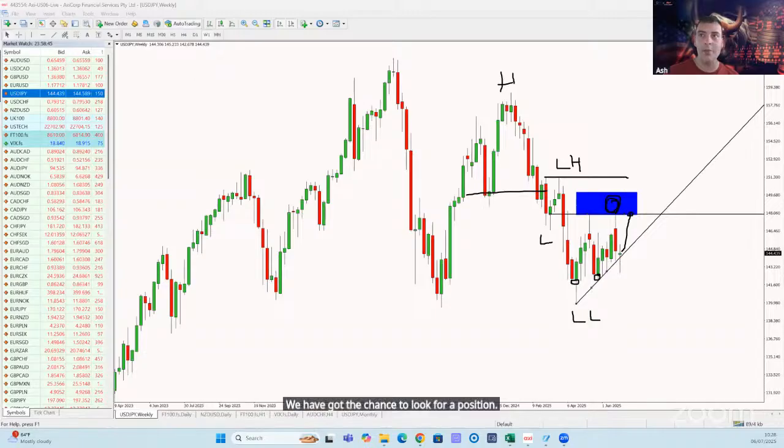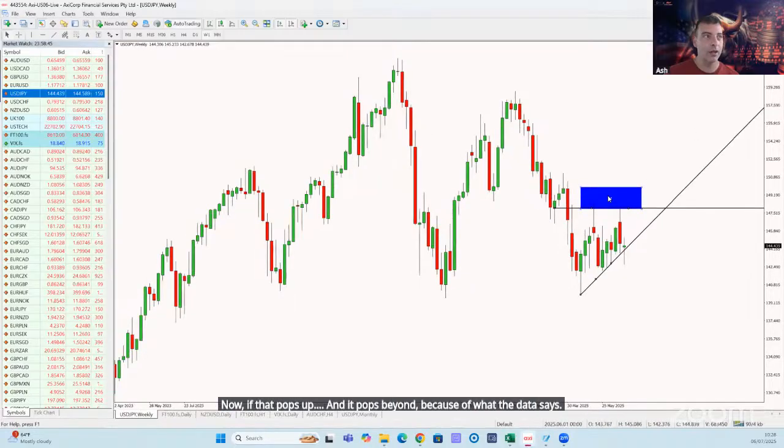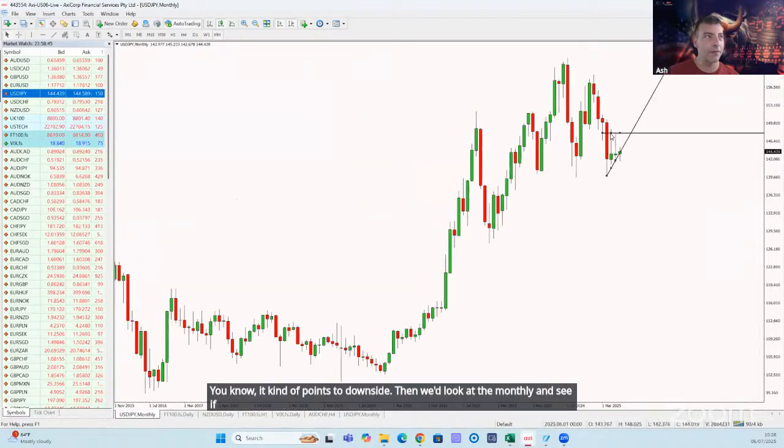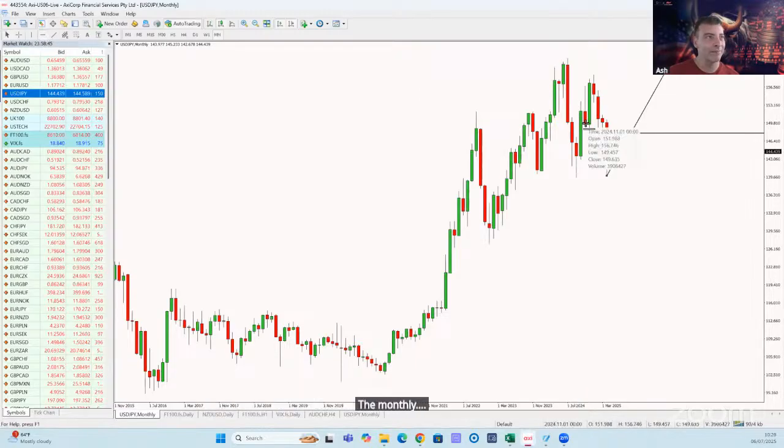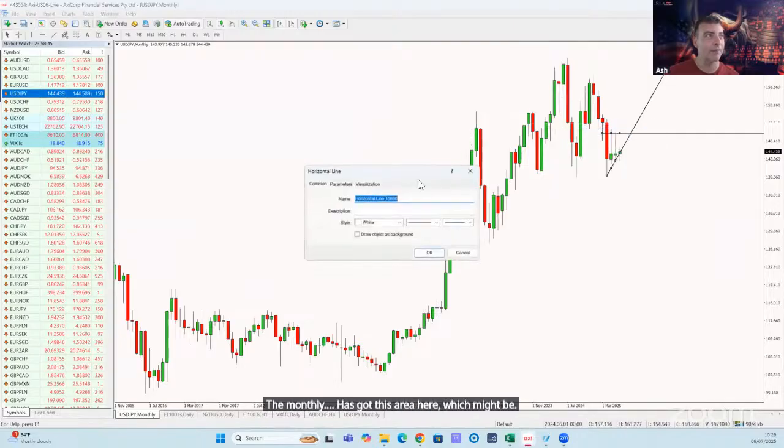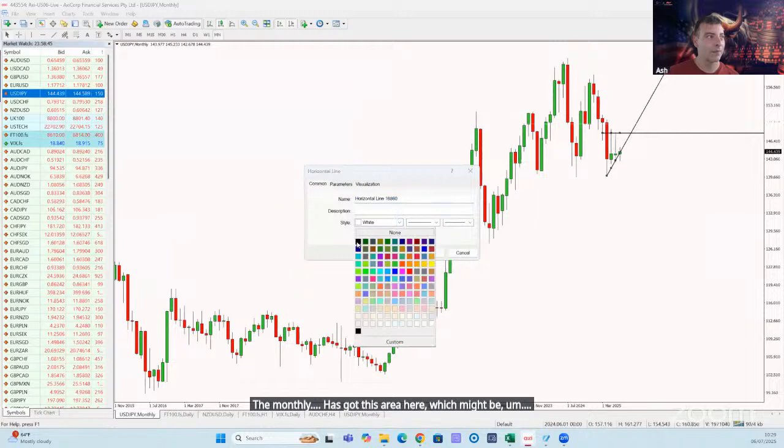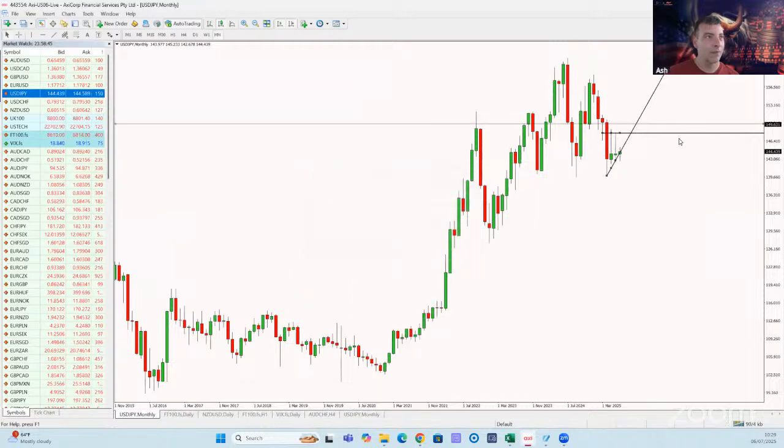Now, if that pops up and it pops beyond, because of what the data says, it points to downside. Then we'd look at the monthly and see if there's anything different on the monthly. And really, the monthly has got this area here, which might be a point of interest, but it could go higher.